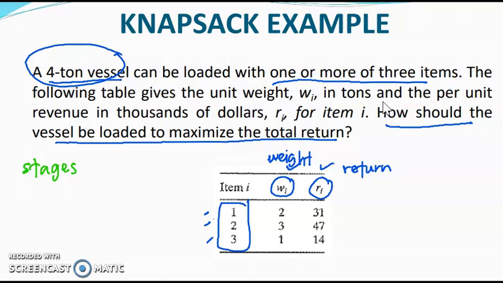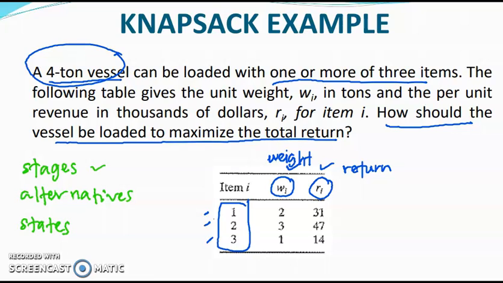Then for each stage you will have the alternatives, and for every stage you also have the states. These are the 3 basic elements that are very important to identify for every problem in dynamic programming.